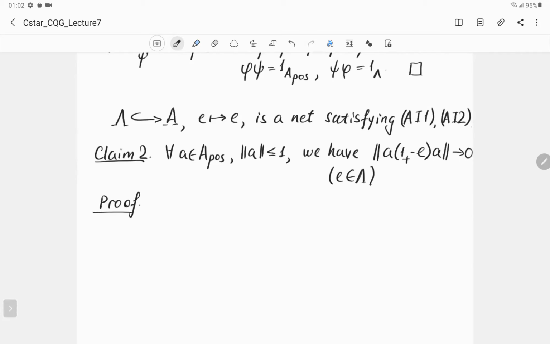To prove the claim, we consider the function little t, which already appeared in our construction of functional calculus. So this is just the inclusion map of the interval 0, 1 into the complex plane.